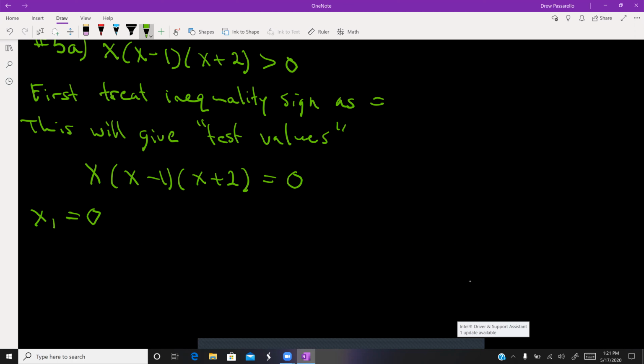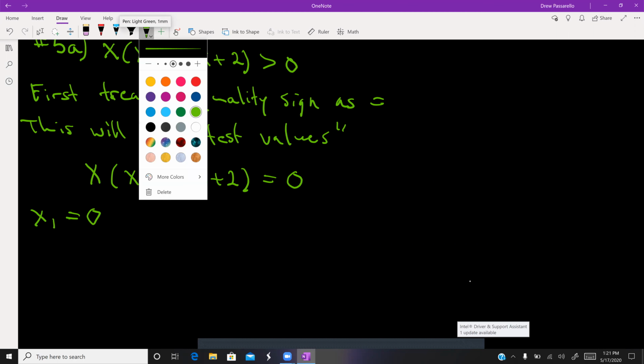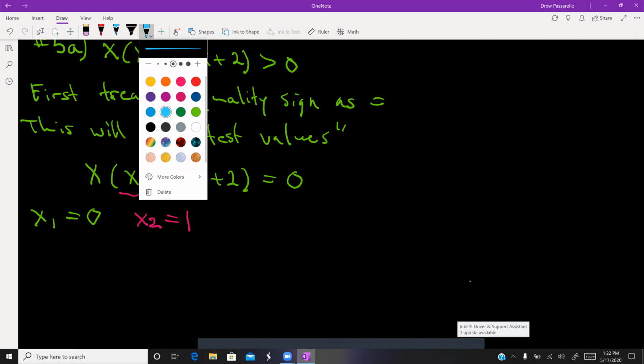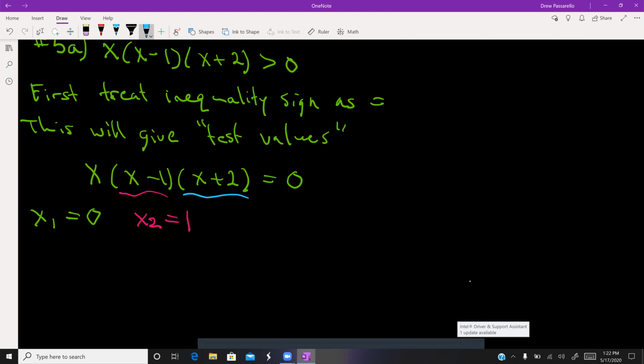The second one, if I focus on x minus 1, I'll say x2, if I set that equal to 0, you get 1. x2 is going to be 1, right? Because you do x minus 1 equal to 0, and you have to add 1 to both sides. The third one, so I call that x3. If I set that equal to 0, I get negative 2. All right, so these are my test values.